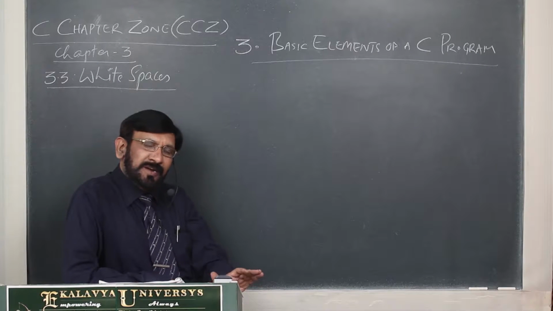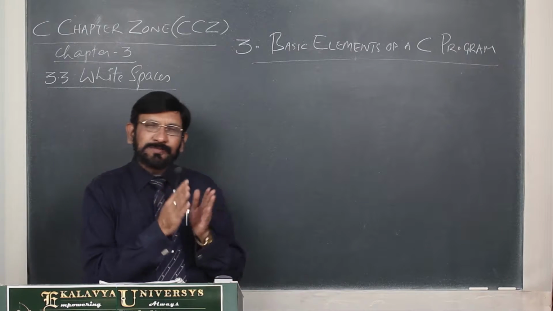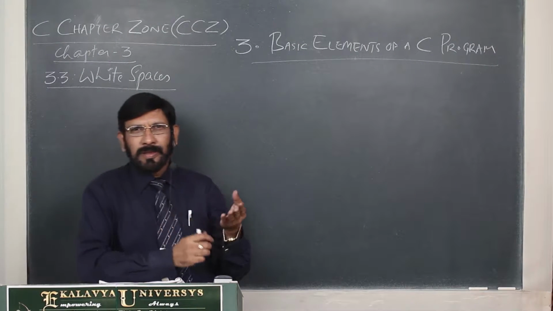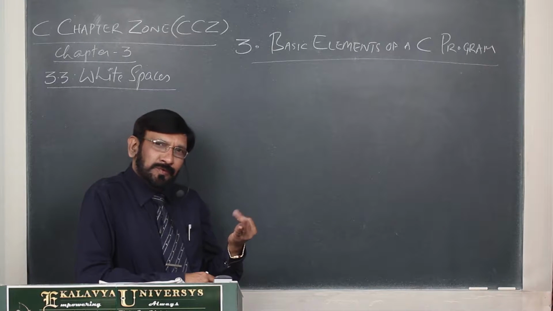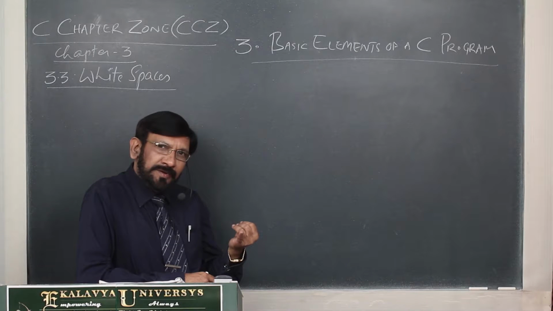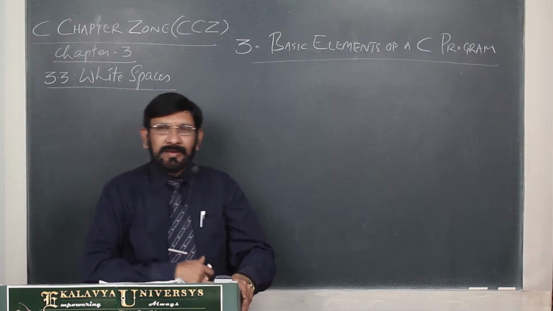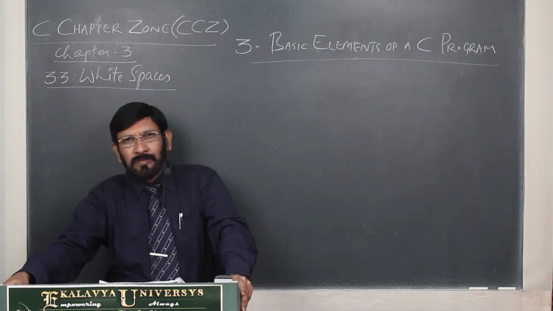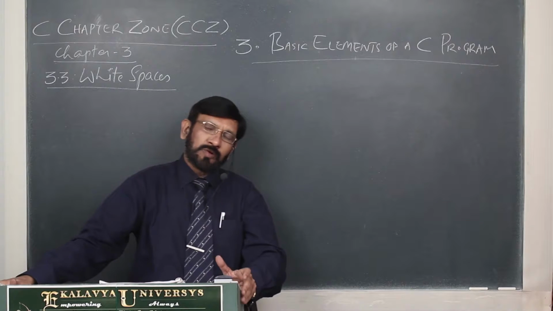You must understand it in a broader sense. White spaces include blank spaces, horizontal tabs, new line sequences, indentation, and all that. By writing white spaces, we can improve the readability of a source program.